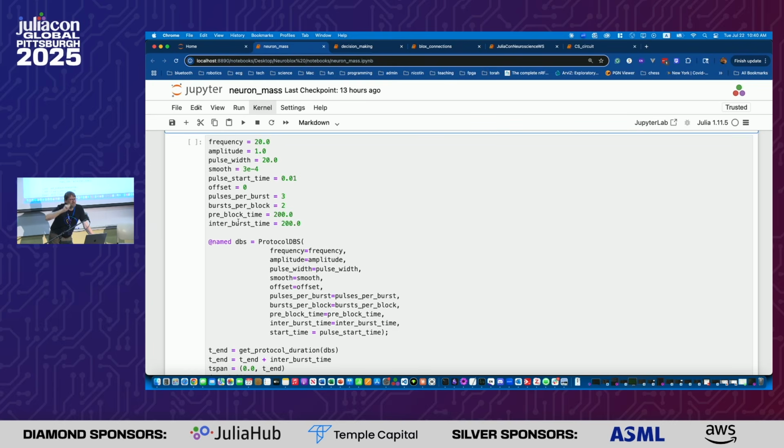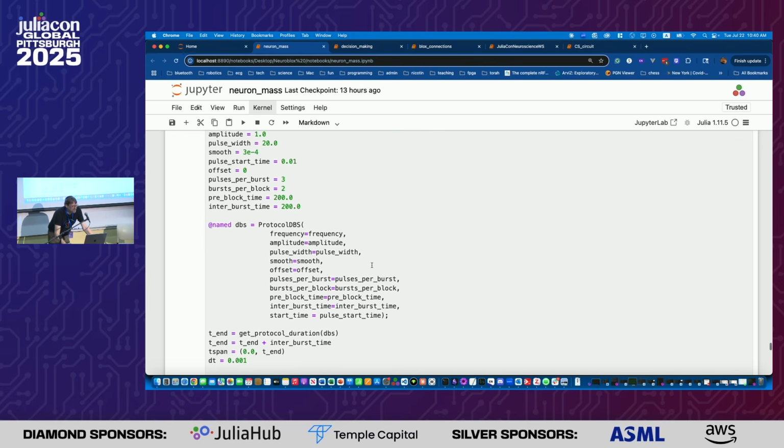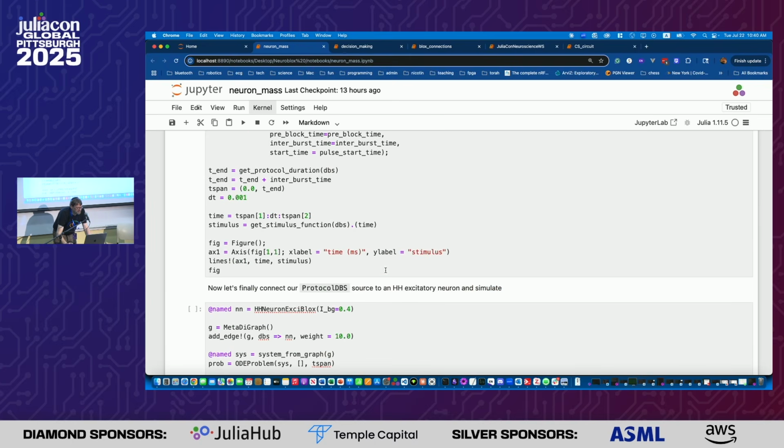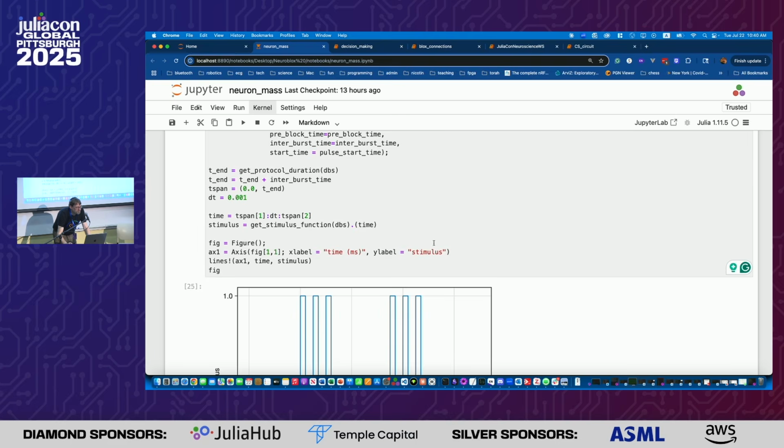So he has these Medtronic pulse generators, and all the options that he has on his device, we wanted to implement in code. So we essentially have a protocol DBS which sends bursts of spikes. And I can just show you how this looks.